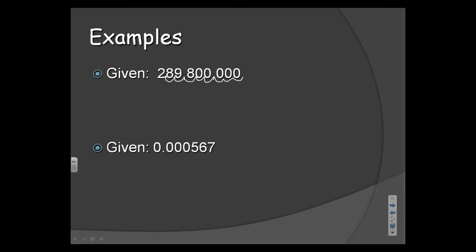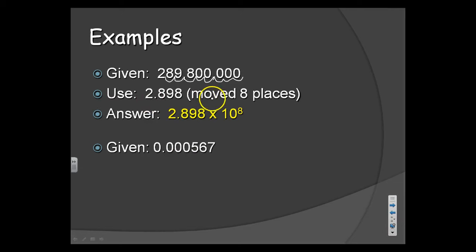Now I have a number between 1 and 10. I had to move the decimal 8 places, and it is a large number, so that exponent would remain a positive number. So, moved 8 places. So the way this would work is it's 2.898 times 10 to the 8, and then whatever units it should be.